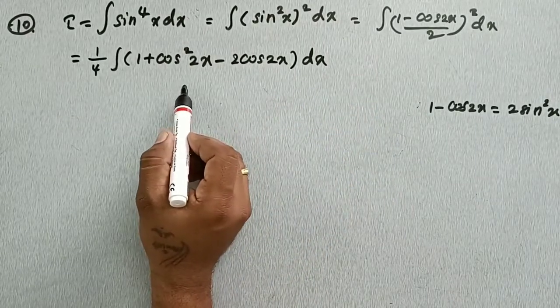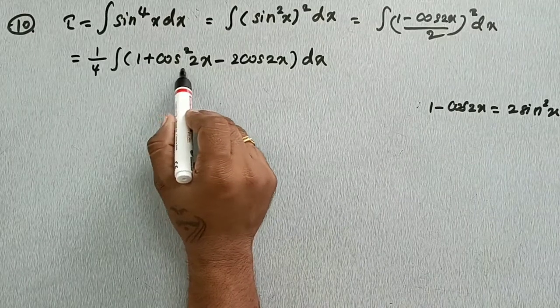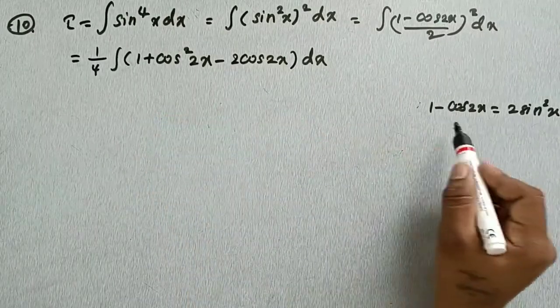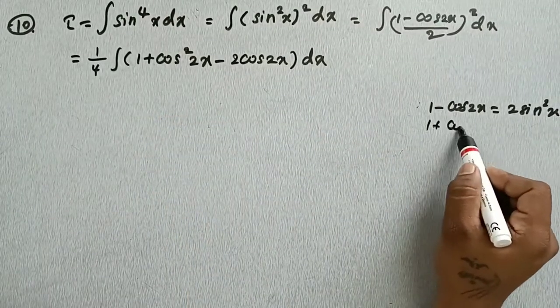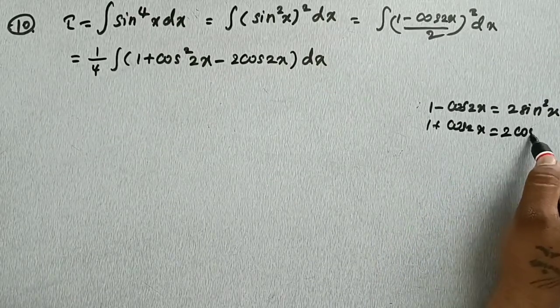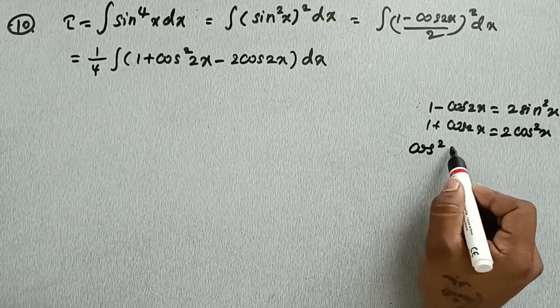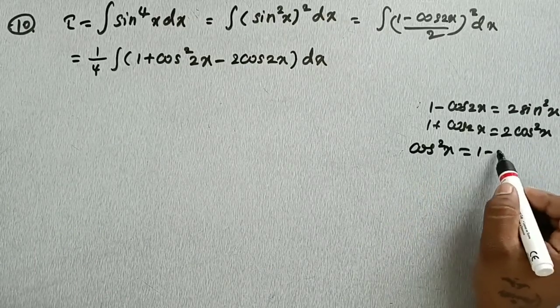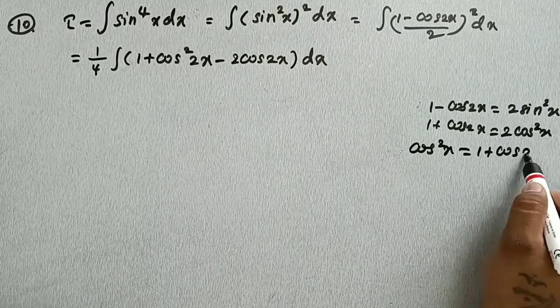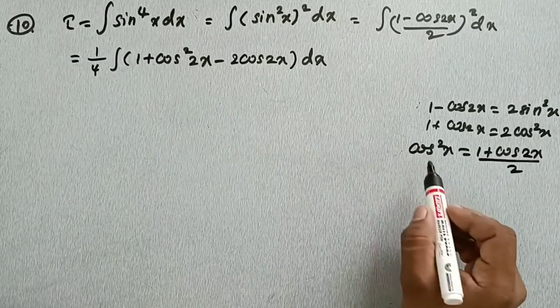Now again I am going to use the 1 plus cos 2 theta formula to convert this, that is 1 plus cos 2x equals 2 times cos square x. So I need cos square x alone. So cos square x equals (1 plus cos 2x) divided by 2, but I have cos square 2x here.